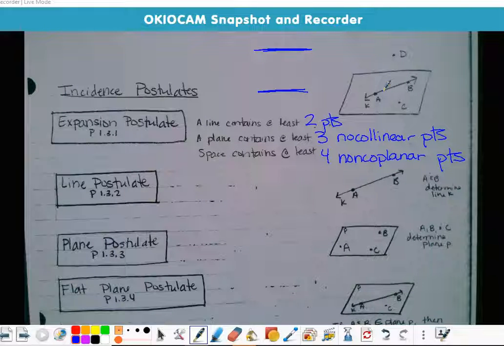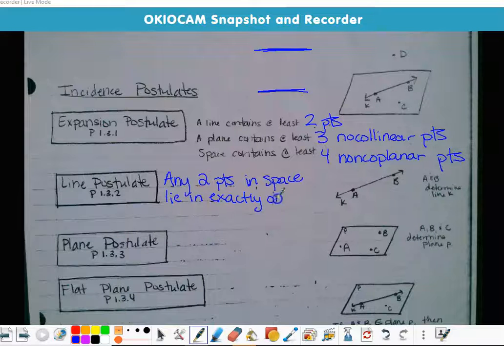All right, lots of fun. The line postulate. The line postulate is any 2 points in space lie in exactly one line.